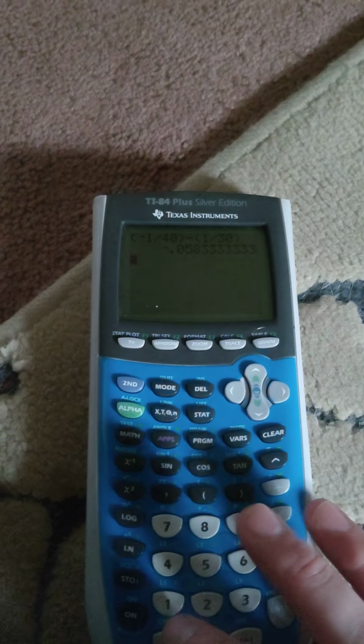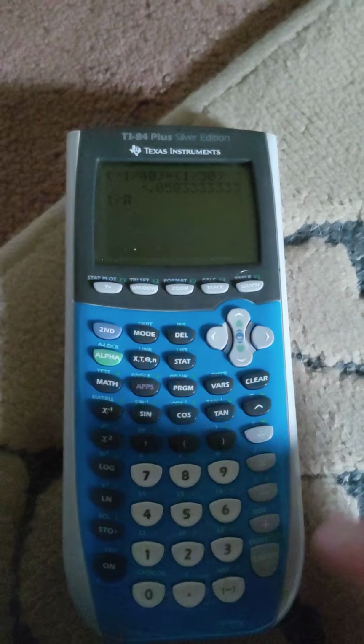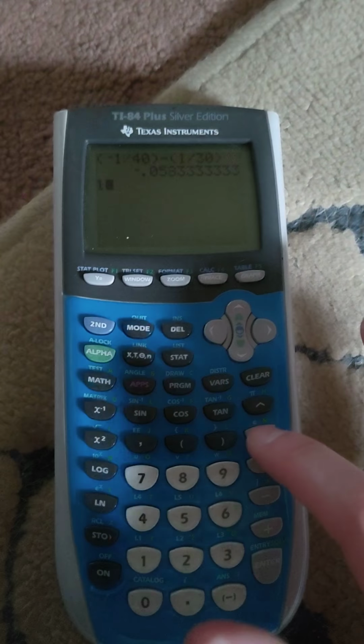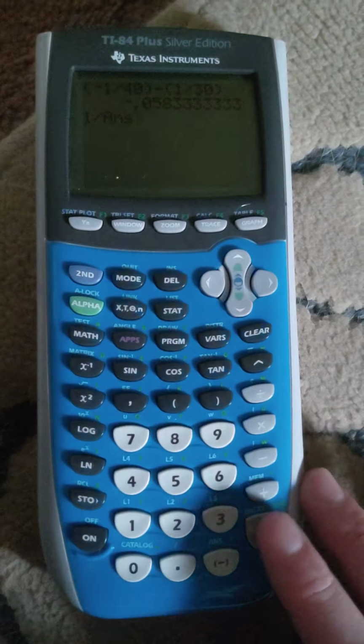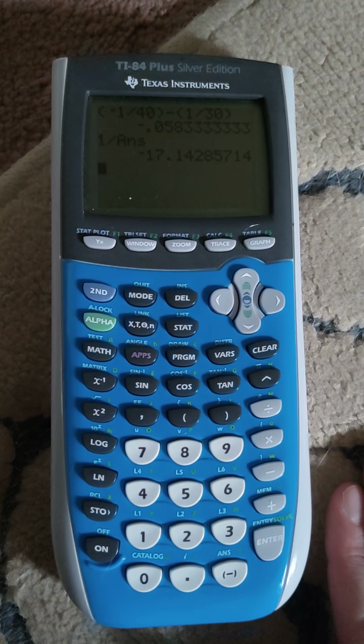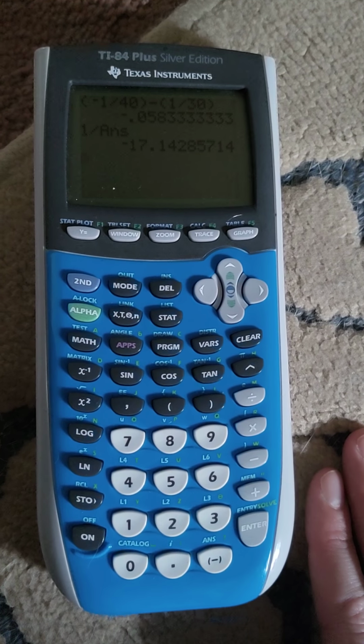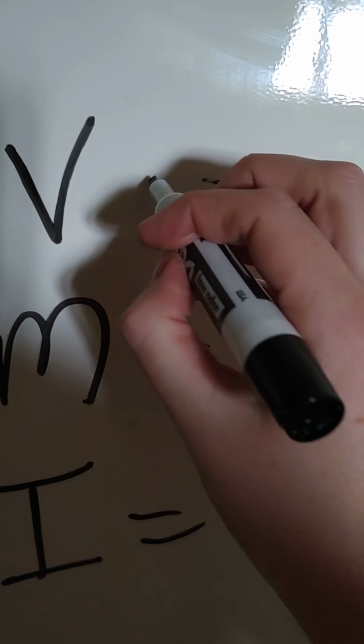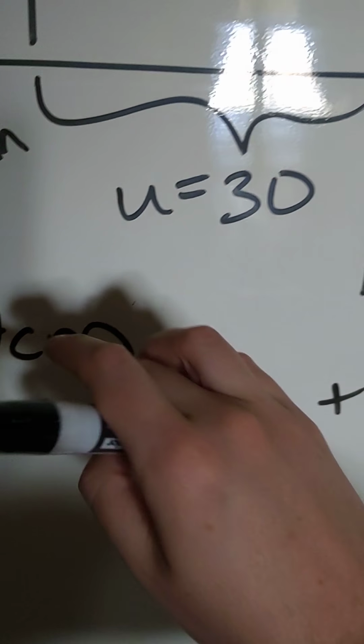And so I do 1 divided by the answer, which should get me about minus 17. So image distance is about minus 17 centimeters.